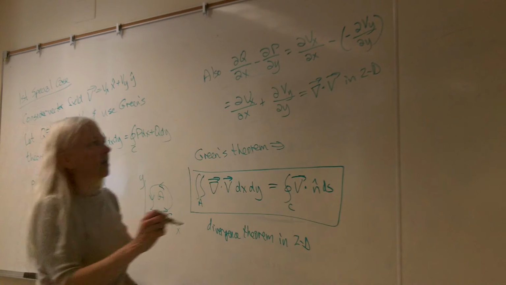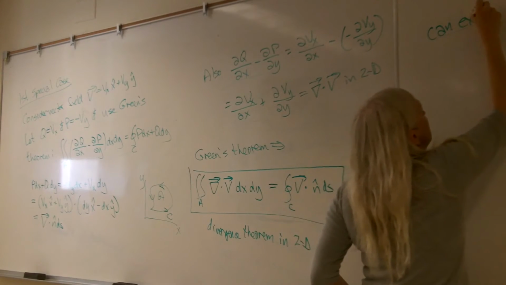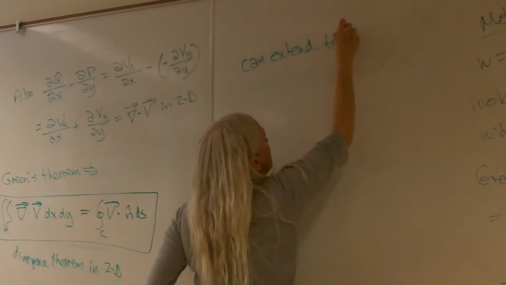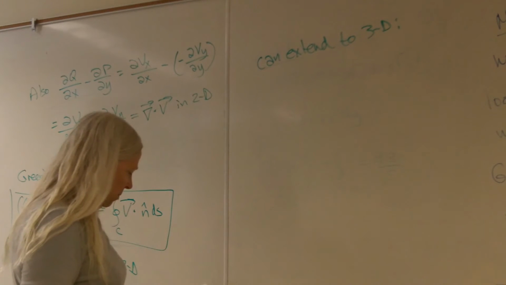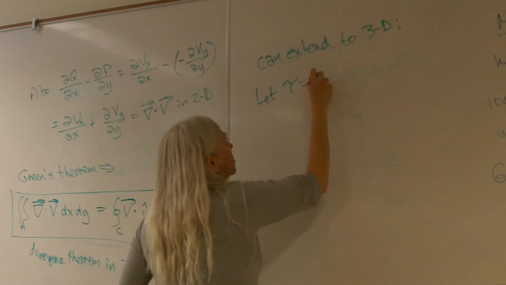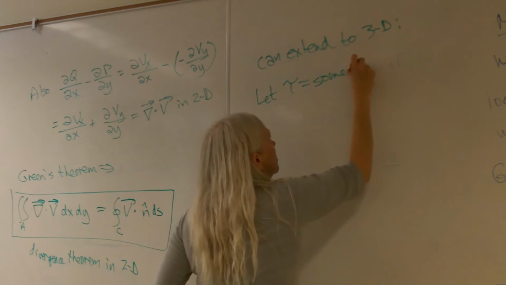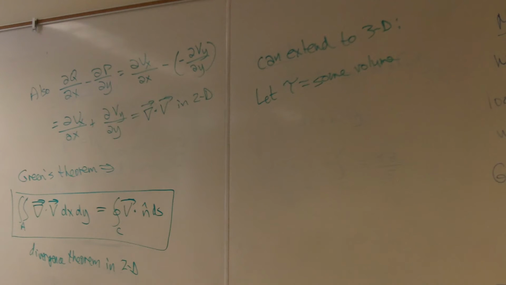But we can extend this to three dimensions. Let's say tau is equal to some volume. Some books will call the volume V instead of tau, but I'm already using V to represent my vector field, and I think it might be confusing if we use the same letter to mean two different things.